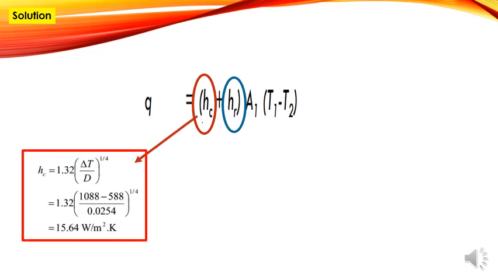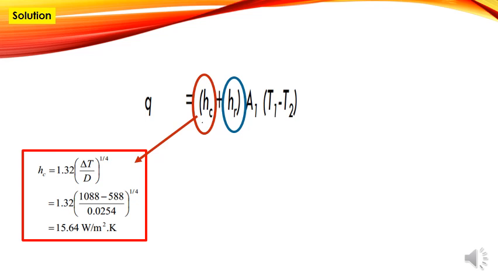Since the question is related to combined convection and radiation, this is the equation that we're going to use. If you notice, we use two types of coefficient here, which are Hc and Hr for radiation. So let's begin with the Hc. Because it is in the category of a metal tube, we can use this formula for Hc here.